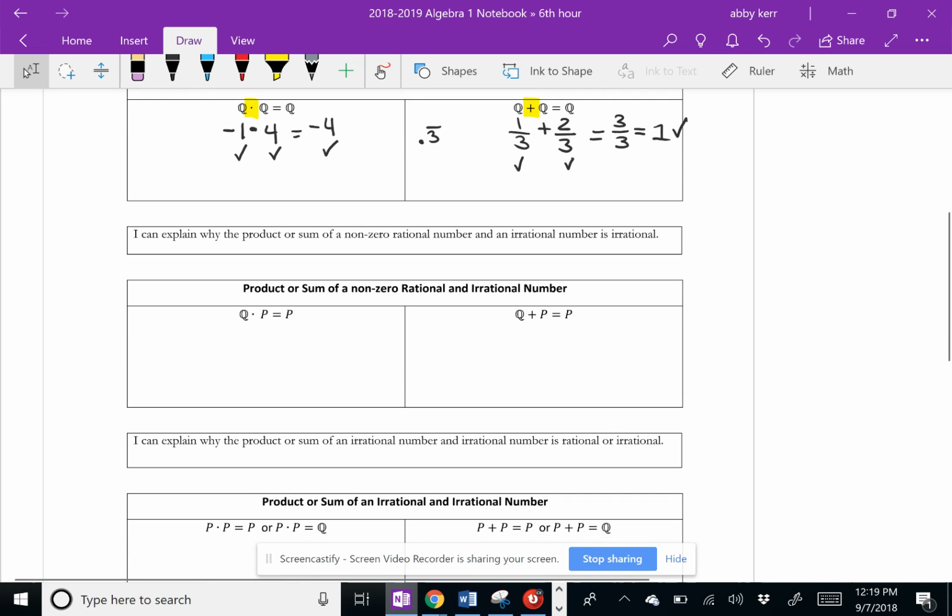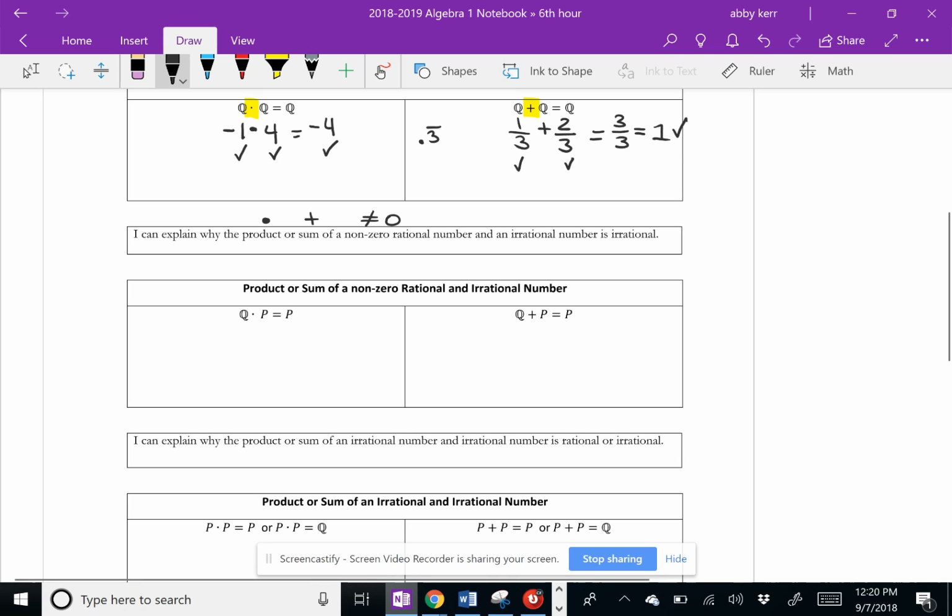So for the second learning target, it says I can explain why the product, again that's multiplying, or sum, which is adding, of a non-zero rational number and an irrational number is irrational. The reason why we have to make it non-zero is because if we make it a 0, then it becomes rational, and then we would have to change the property.